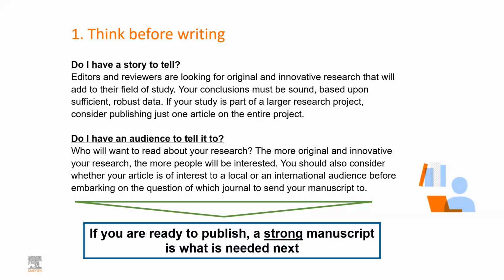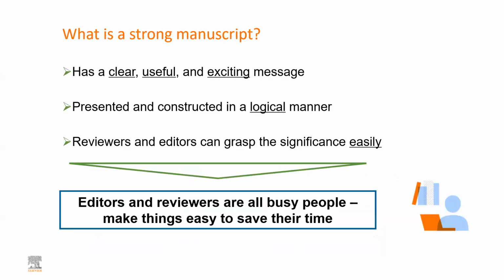Your conclusion and everything should be simple. It should be easily understandable to the editor as well. So try to create your first draft by putting all possible authentic information in one place. That is how you can create a story of your publication. It should deal with 3 things. The message should be clear, it should be very useful, and it should be exciting.